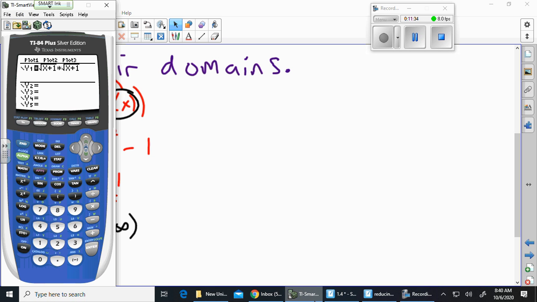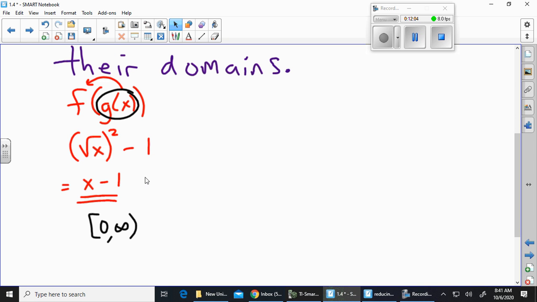Again, a graphing calculator really can show it. If you take the square root of x, close that, and square it, minus 1, you get a line whose x starts at 0. You can see 0 is the first x that worked.